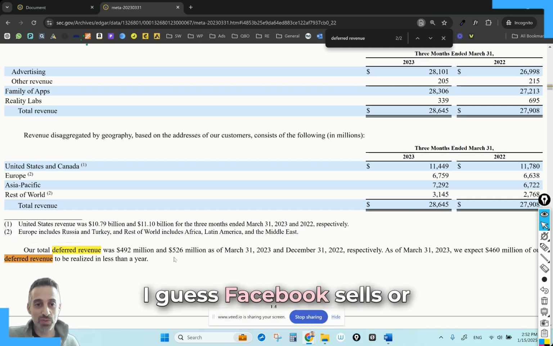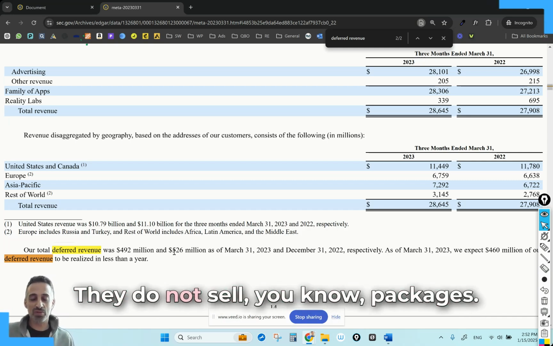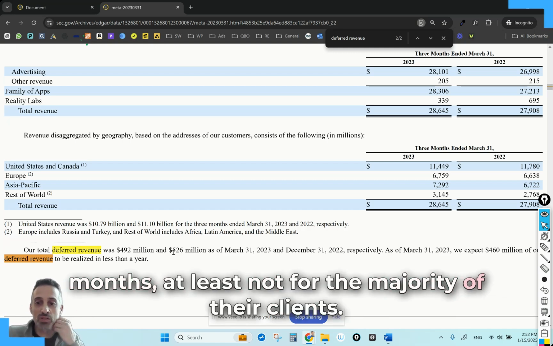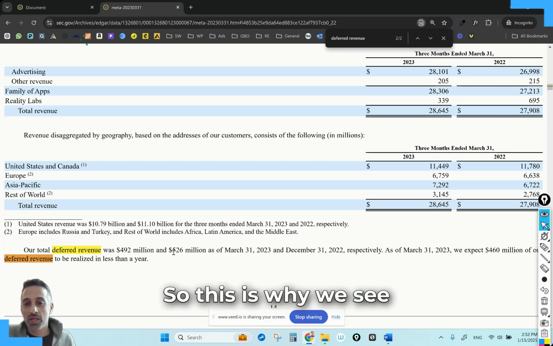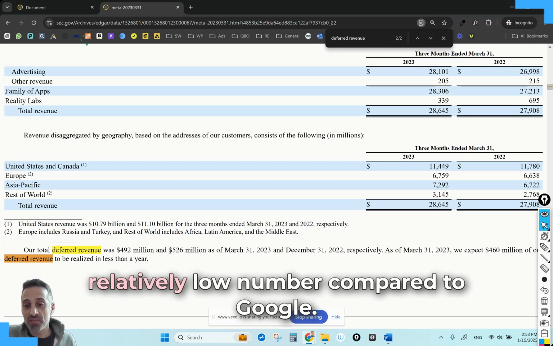I guess Facebook sells, or charges for advertising pretty quickly. They do not sell, I believe, a lot of packages for the next 12 months, at least not for the majority of their clients. So this is why we see a relatively low number compared to Google.